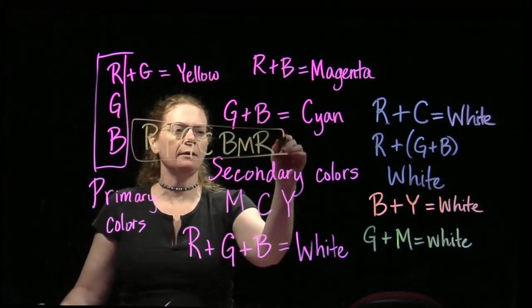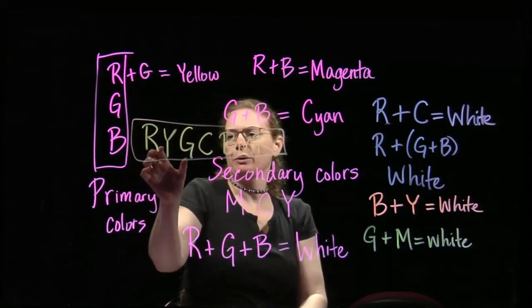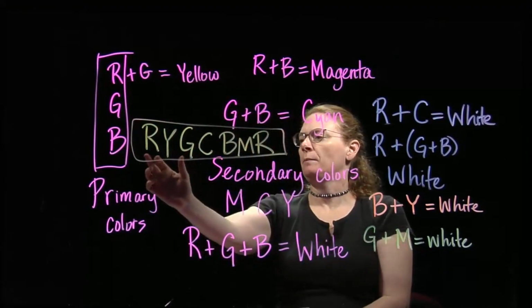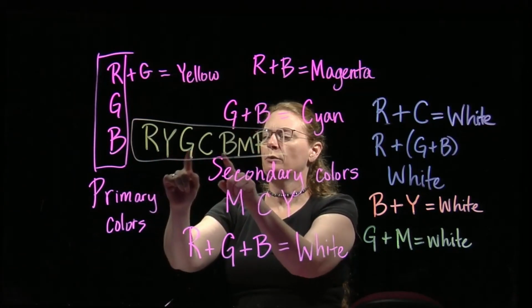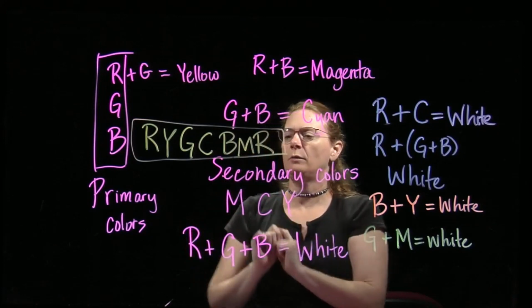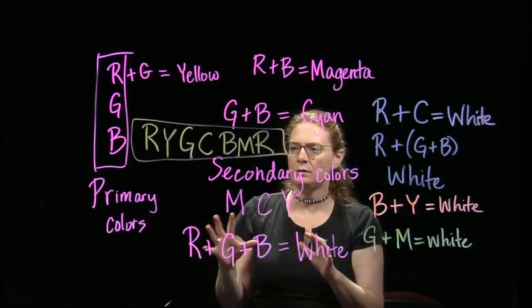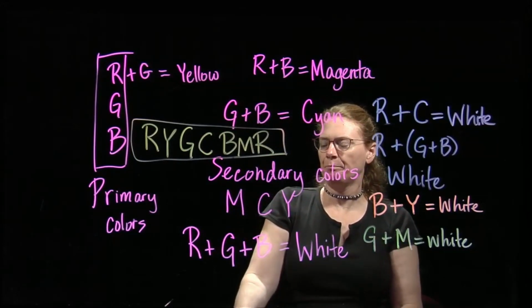So this is my little guide. If I can get this done, I'm in pretty good shape. Now what does this mean? Well, red plus green equals yellow. Green plus blue equals cyan. Blue plus red equals magenta. And so it's just an easy way. If you can write that down, it'll tell you how to add things together.